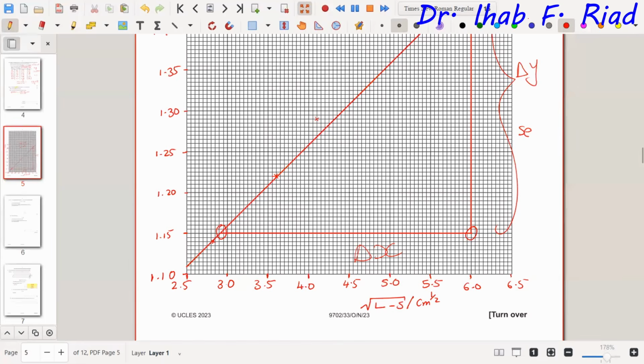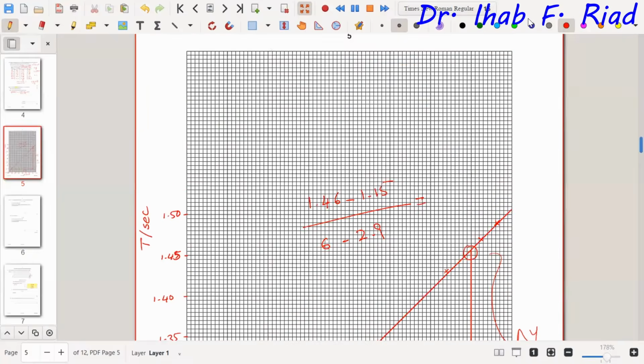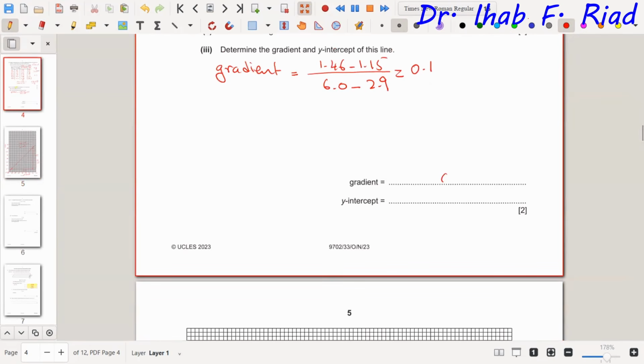What are the units of x? Centimeter to the power of half. So this is my gradient: 0.1 second centimeter to the power of half.